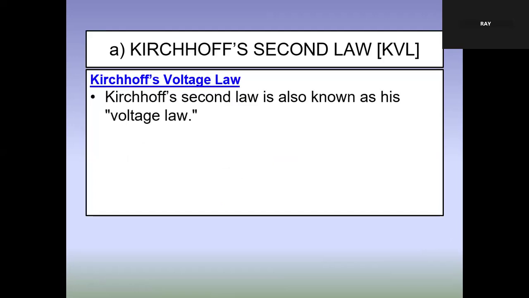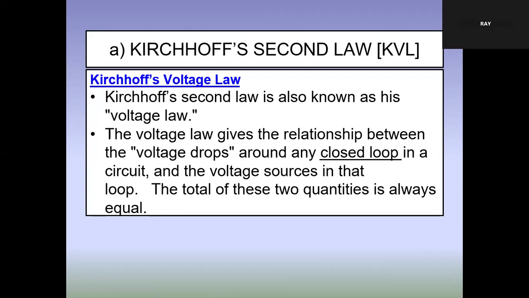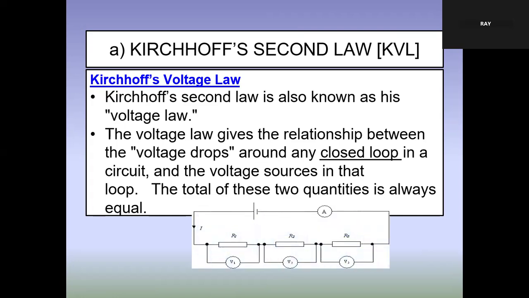Kirchhoff's second law is known as the voltage law. Voltage law gives a relationship between voltage drop around any closed loop in a circuit and the voltage sources in that loop. The total of these two quantities is always equal. Right? We will derive a resistor in series in a while.